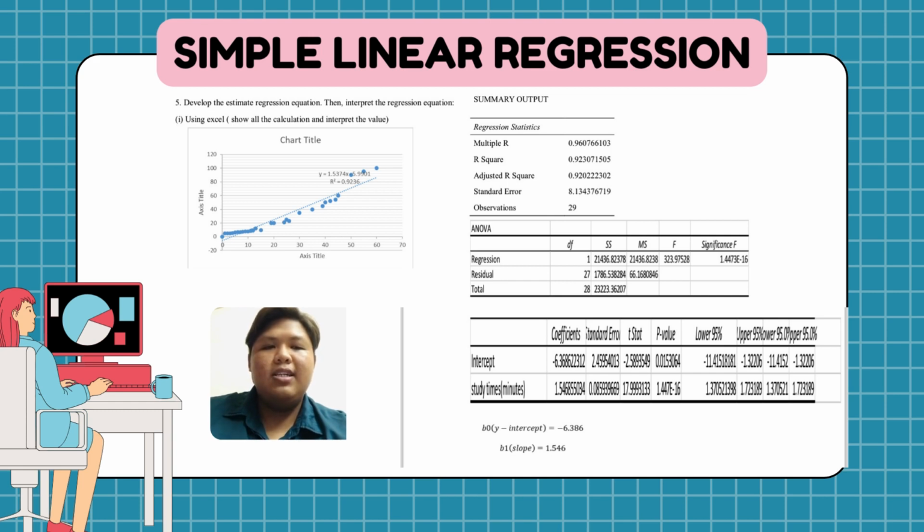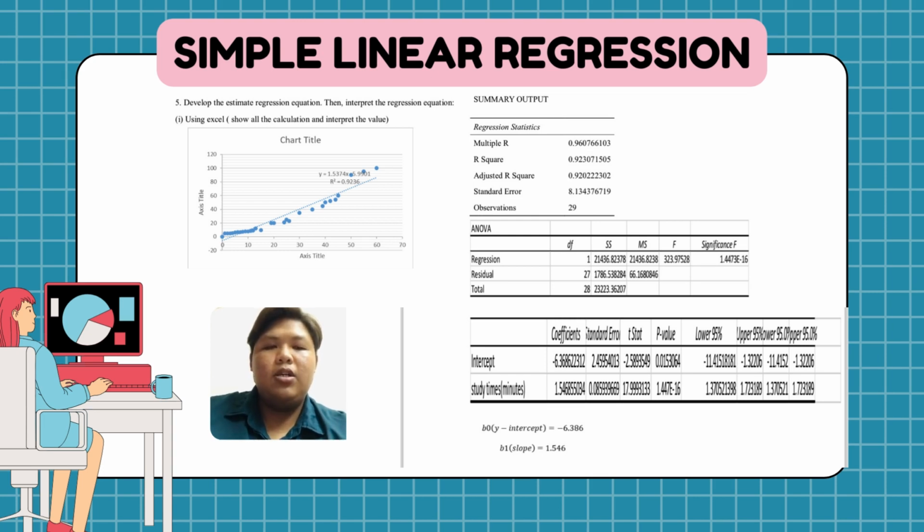For example, if a student studies for 100 minutes, you can predict the y value to be around 168.54.